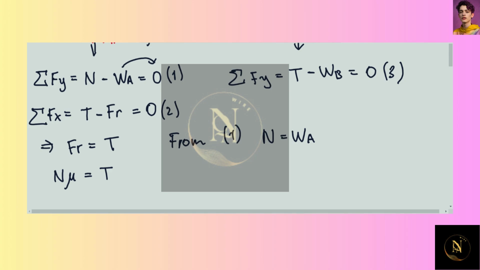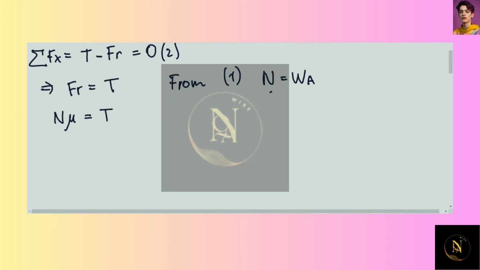Now, substituting this into this equation, we obtain that the weight A times the coefficient of friction is equal to the tension.